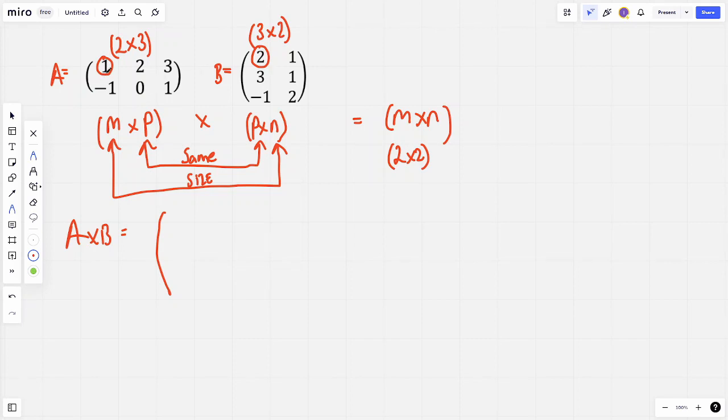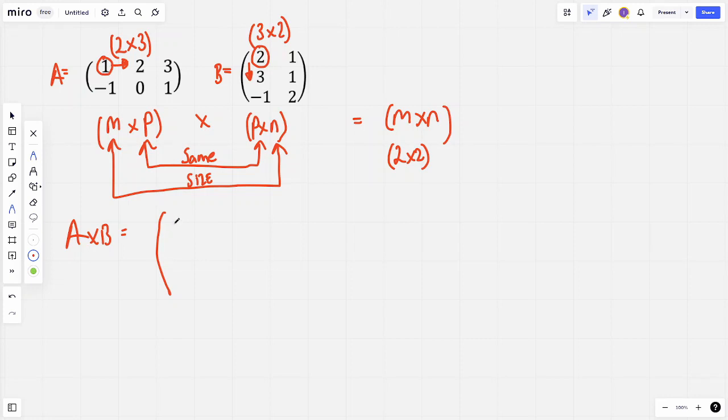And what we do is we add the multiples of the remaining indices on the first row of matrix A plus the multiplication of the first column of matrix B. So we move to the right every time we multiply by one index, and then we move down by one index. Now this might sound confusing, but let's see how this looks.